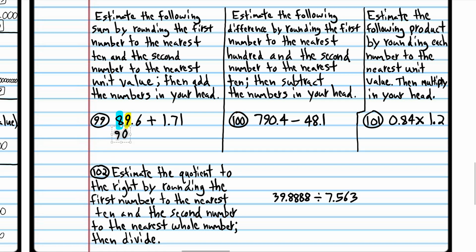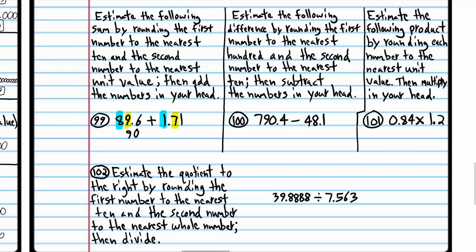Long story short, that first number rounds to 90. All right, now it says round the second number to the nearest unit value. So remember unit value? Unit value means the number in the ones place. So we look to the number to the right, and that tells us whether or not to round up or down. So why don't you round this number, and when you come back, we'll do it together.